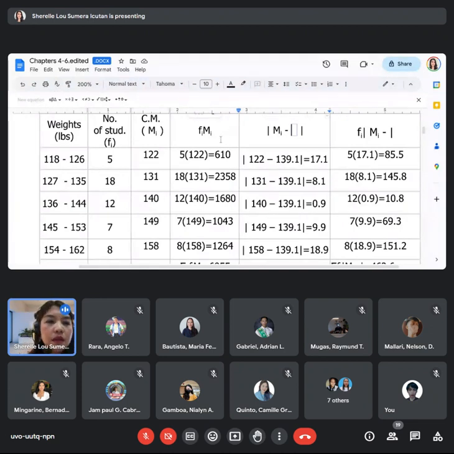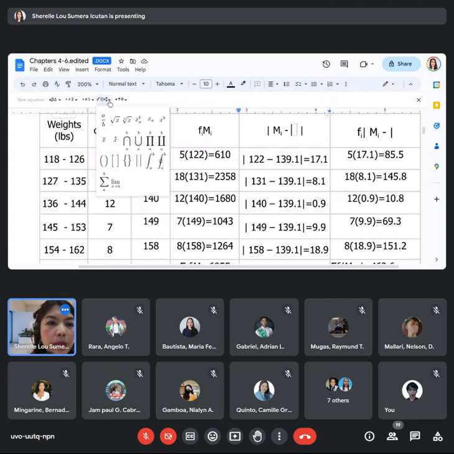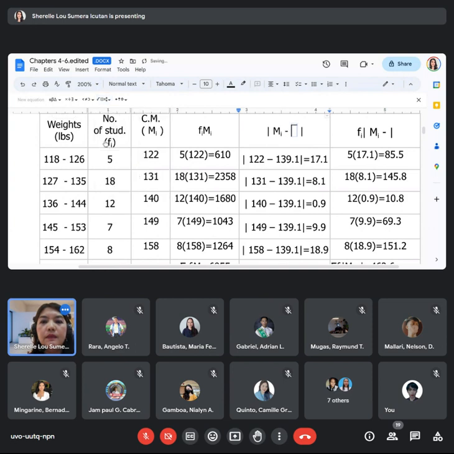Basta mean ito. Sundan natin dito. Mean. Yan. That is the formula for the mean.